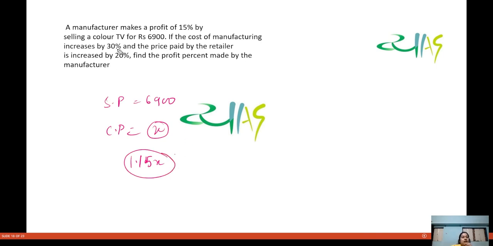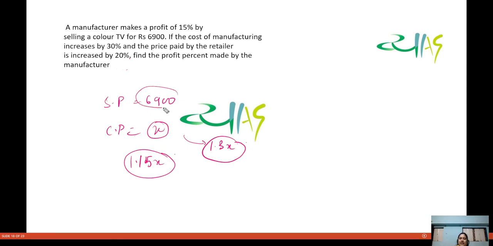Now the cost of manufacturing increases by 30%. So 30% of the cost price, so the cost price becomes 1.3x. And the price paid by the retailer increased by 20%.